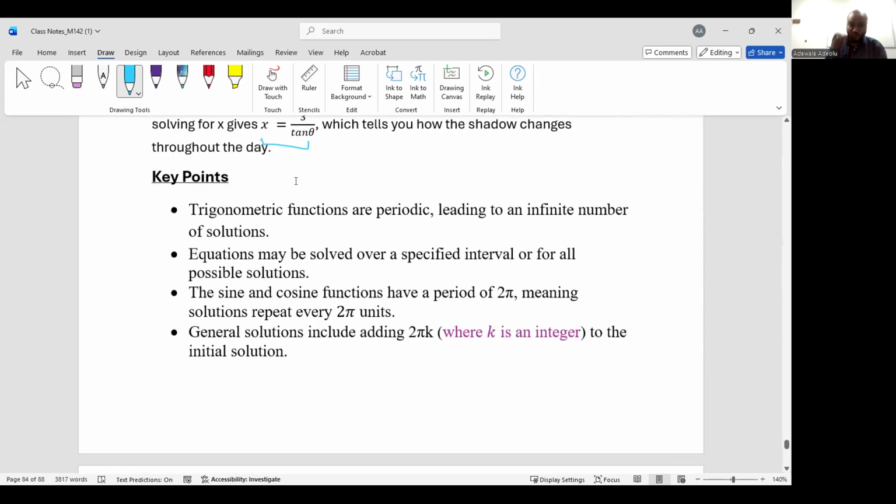So there are some things we need to consider when we are solving this type of problem, because we must remember that trig functions are periodic. That is, we will have an infinite number of solutions. Remember, for sine, for example, we have it this way, and it keeps going, right? And also on the negative, it keeps going.